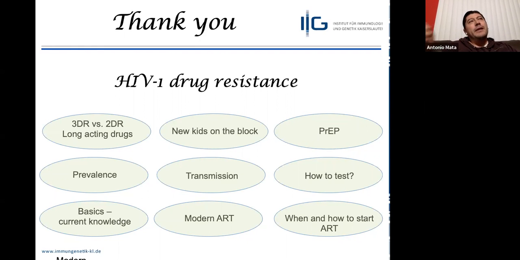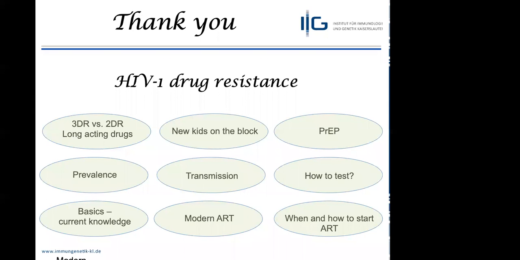Do you think that the mutations that develop with raltegravir or elvitegravir during a virological failure could increase transmitted resistance in a population? We are looking for baseline integrase resistance, and we haven't seen so much drug resistance.